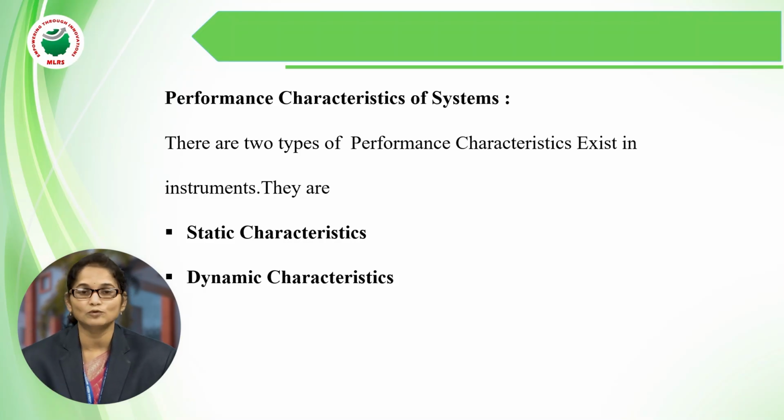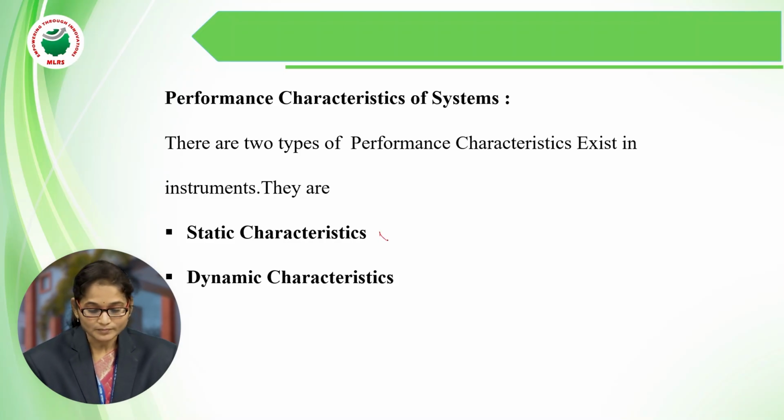After this class, we are going to study the performance characteristics that apply when we measure with an instrument. Before measuring, there are two types of performance characteristics that exist in instruments.